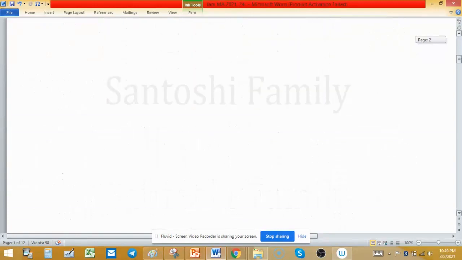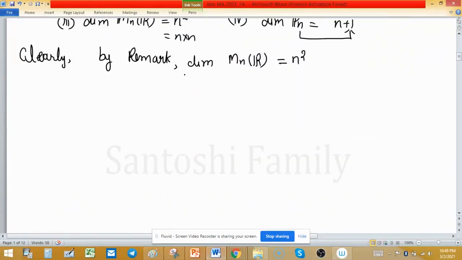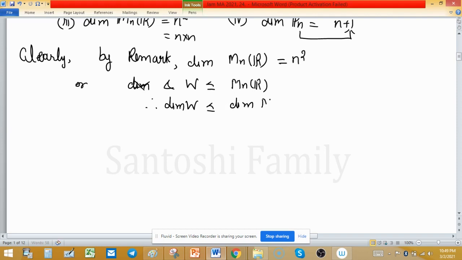Now come to the solution. W is a subspace of Mn(R). Therefore, its dimension will be at most the dimension of Mn(R), and that dimension is n square.